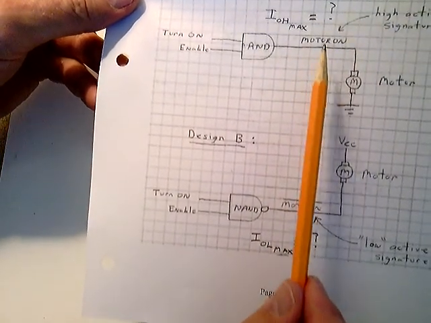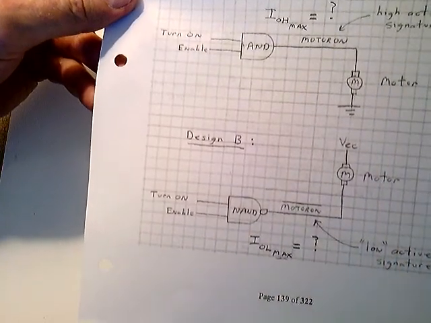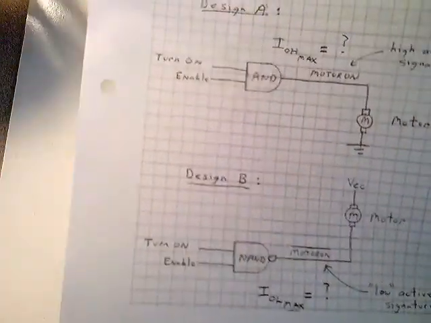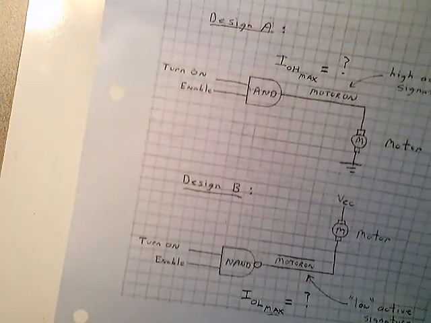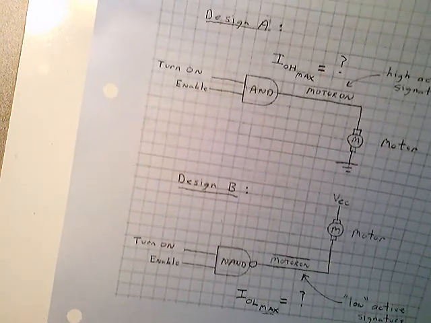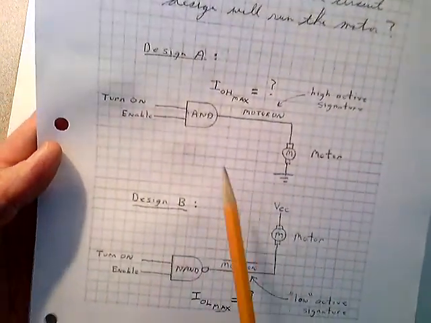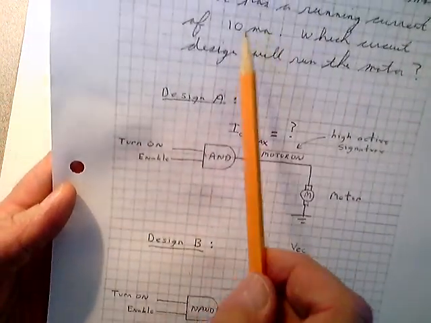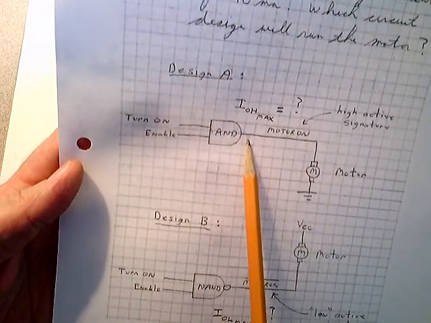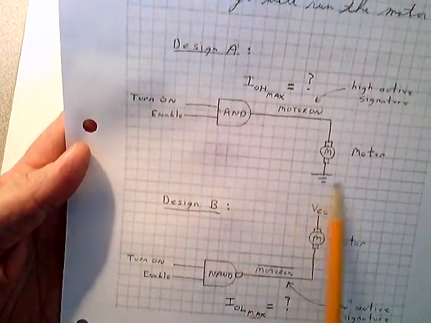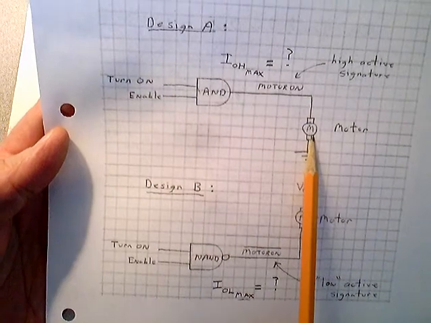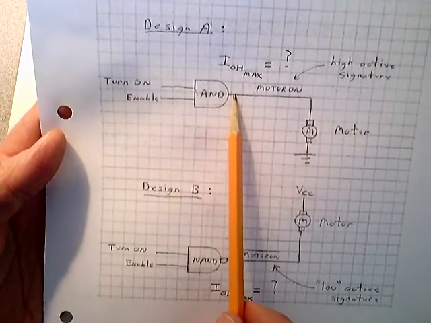Well, if you look at the previous page, on page 138, you'll see that IOH max is 400 microamps. 400 microamps is all you're going to get out of this device. You're not getting anywhere near 10 milliamps. So this looks like common sense. Put off 5 volts out here and you turn the motor on, but you can't source the current.